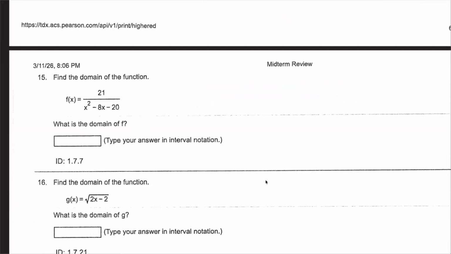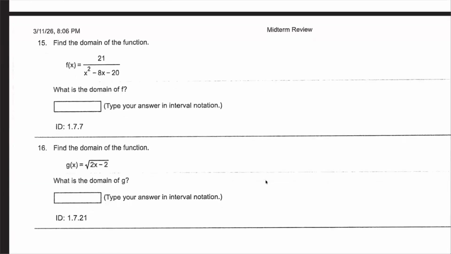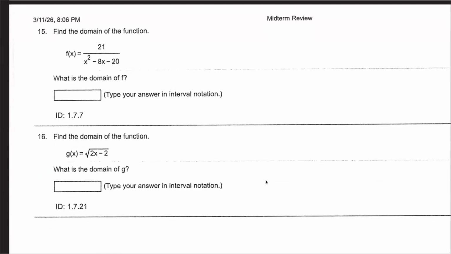But when you do have a rational function like number 15, when there are x's in the denominator, okay, if you've got variables in the denominator, then you're going to have problems with domain issues. So what we do for rational functions is set the denominator equal to 0 to find out what values have to be restricted from the domain.